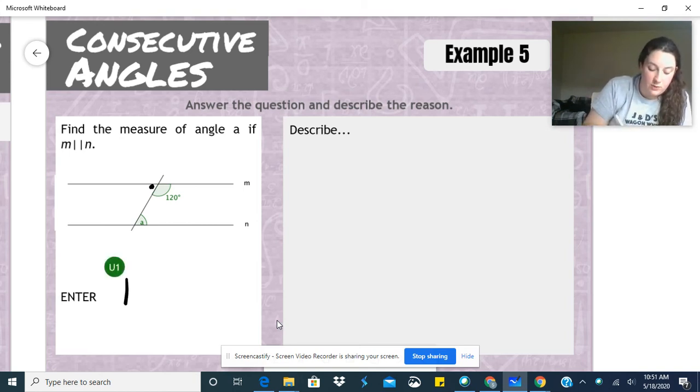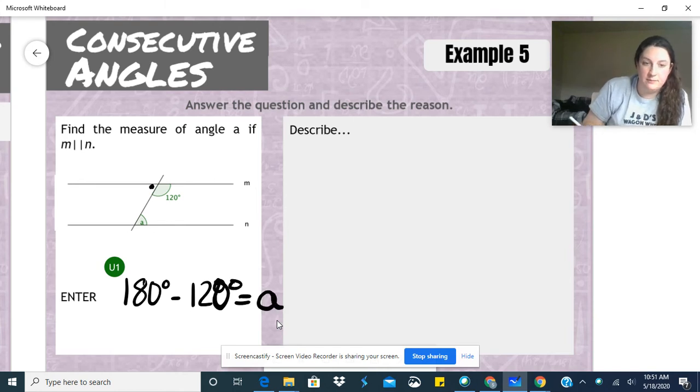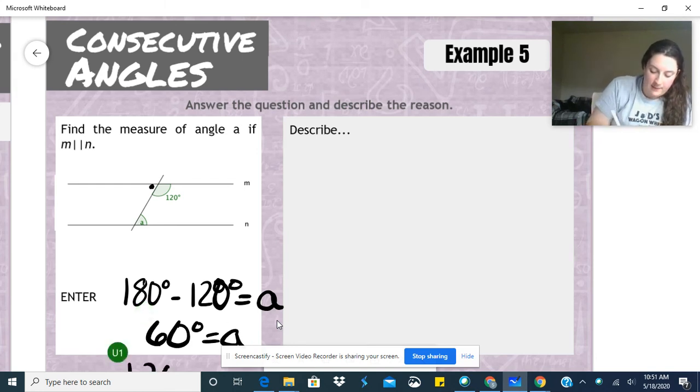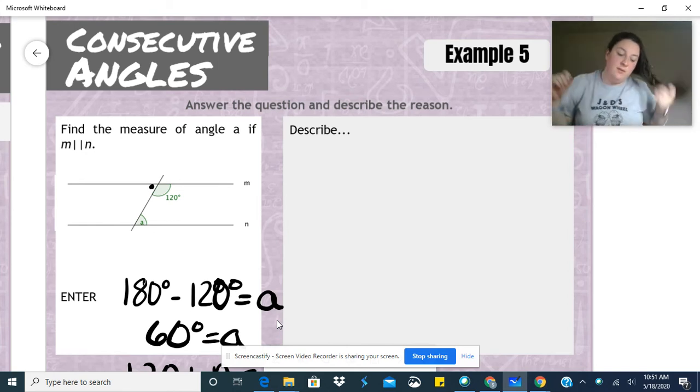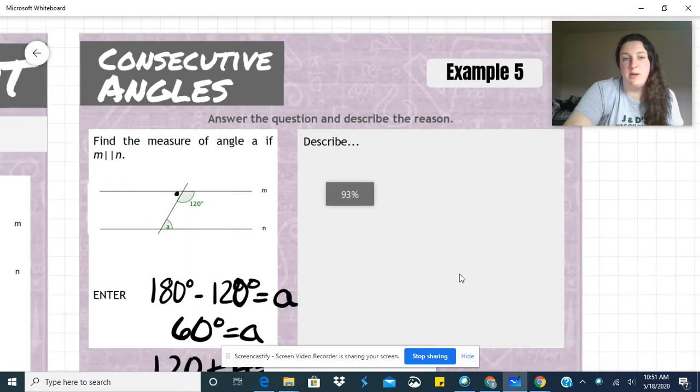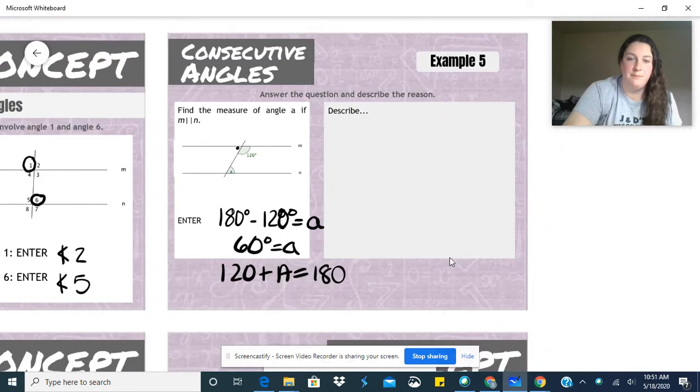So what you're going to do is 180 degrees minus 120 degrees equals A. 60 degrees equals A. You can set it up as 120 plus A equals 180 and show your work that way too. Whatever way you want to do it. And we know that because, like I said, interior opposite angles are congruent. So we know that A and the angle next to 120 are the same.